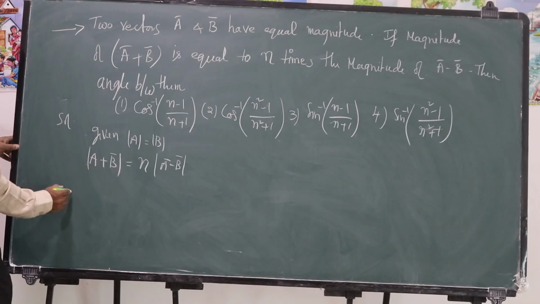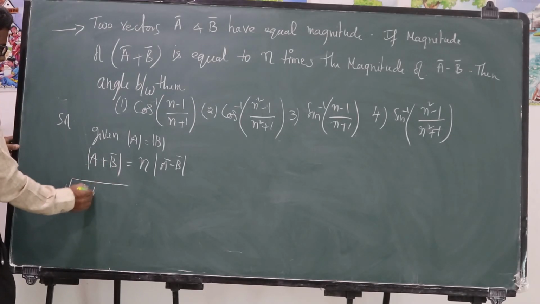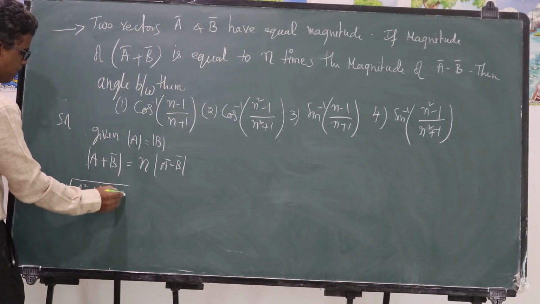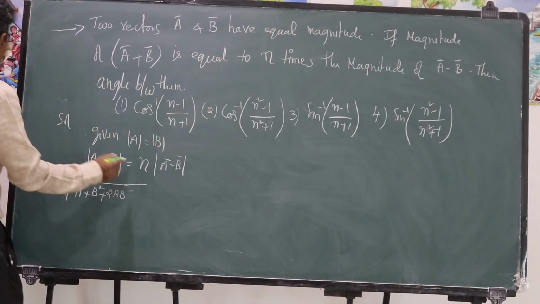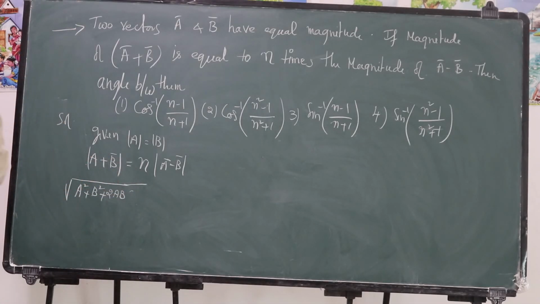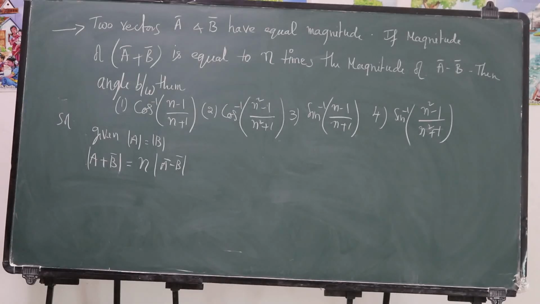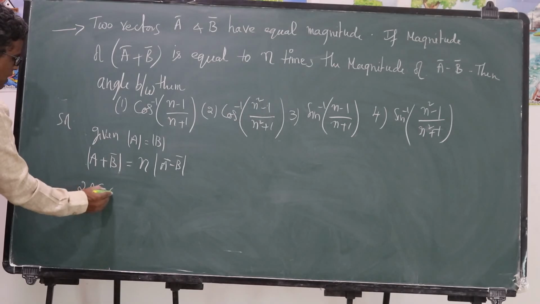Mod A plus B is the square root of A square plus B square plus 2AB. Otherwise you can write direct formulas. If mod A is equal to mod B, then the magnitude of A bar plus B bar is 2A cos theta by 2.